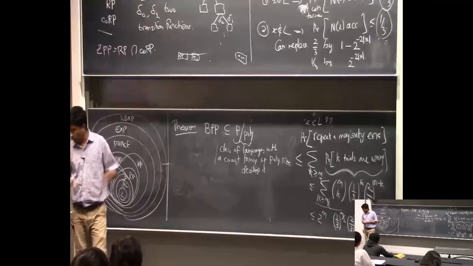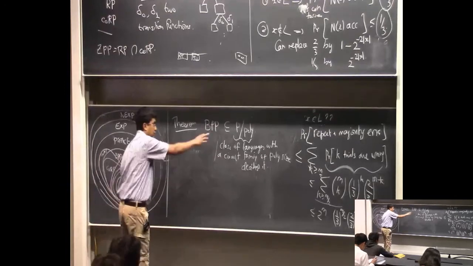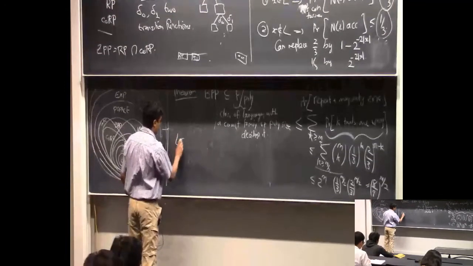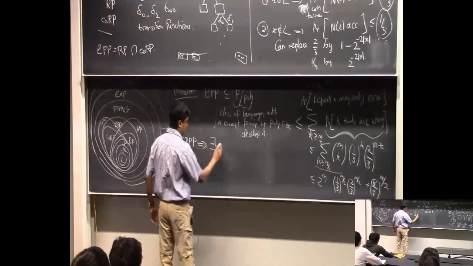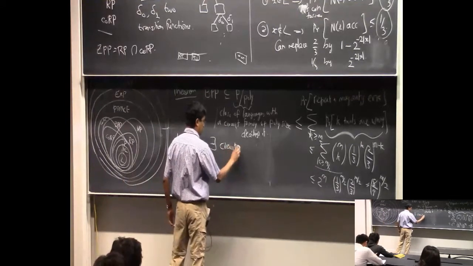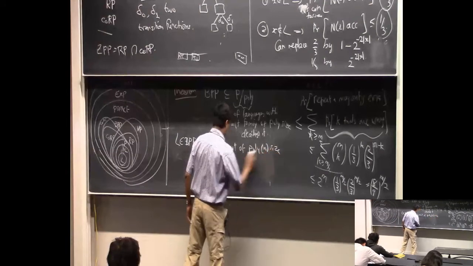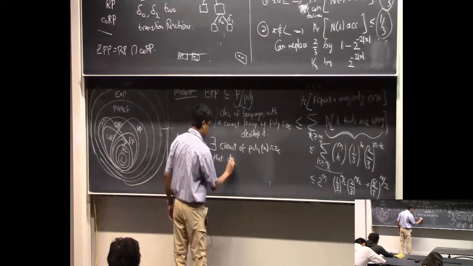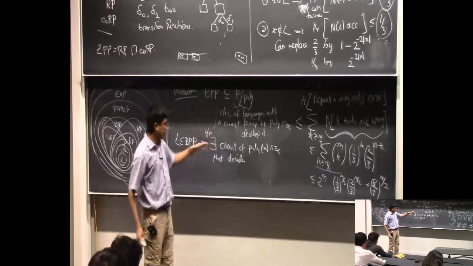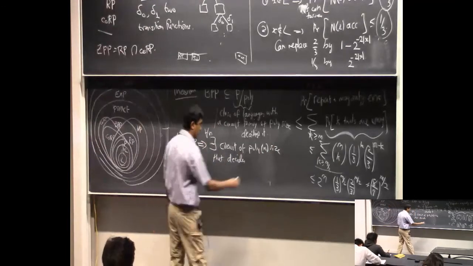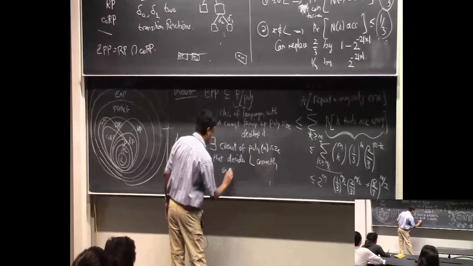Okay, so again, what we want to prove here is, if this is confusing, let's just phrase it as: if L is in BPP, then there exists a circuit of poly(n) size that decides L correctly, so for every n there is a circuit of poly(n) size that decides L on strings of length n.